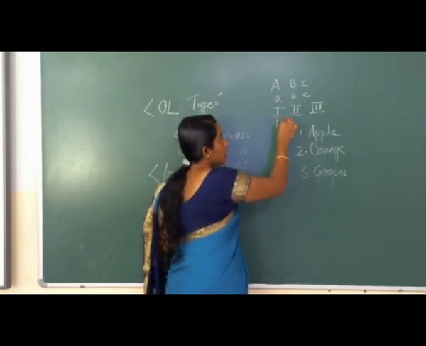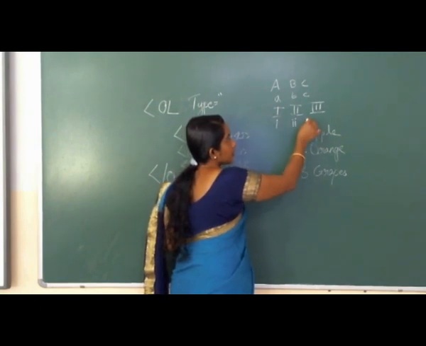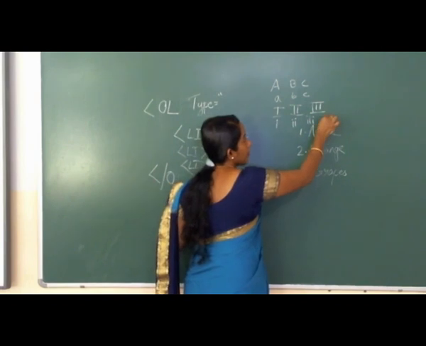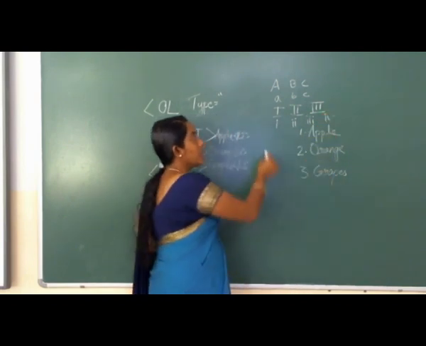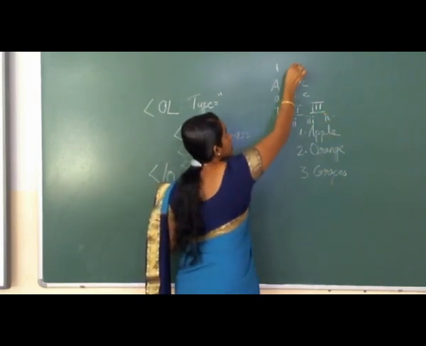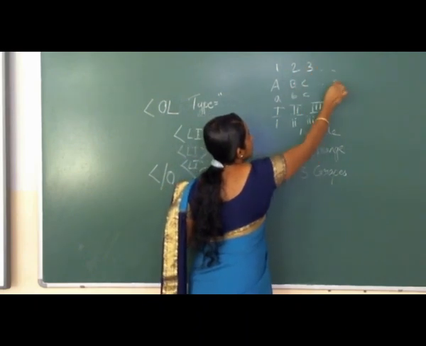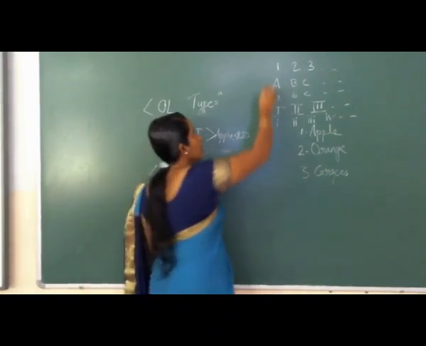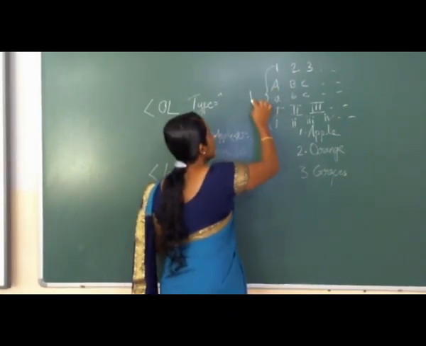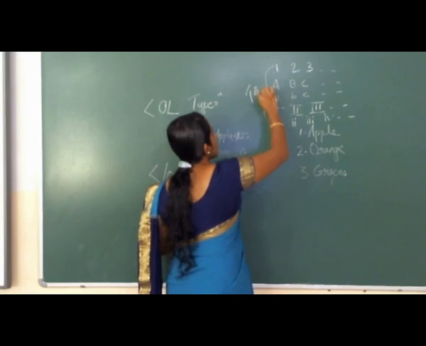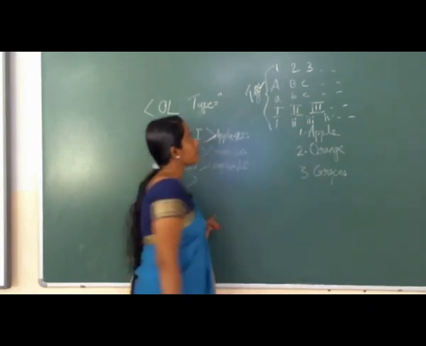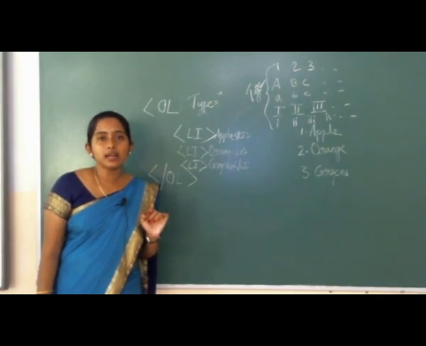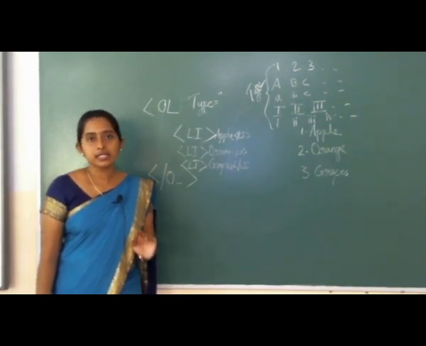Otherwise small Roman letters. Otherwise 1, 2, 3. So these are the 5 types that we can use to represent the ordered list.